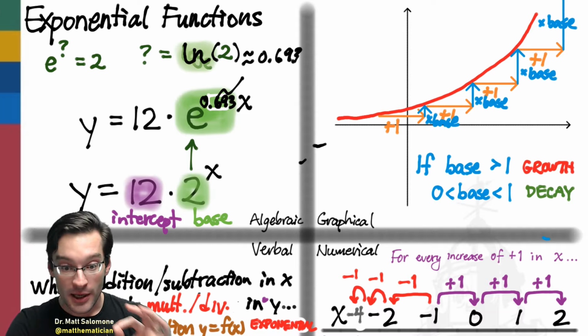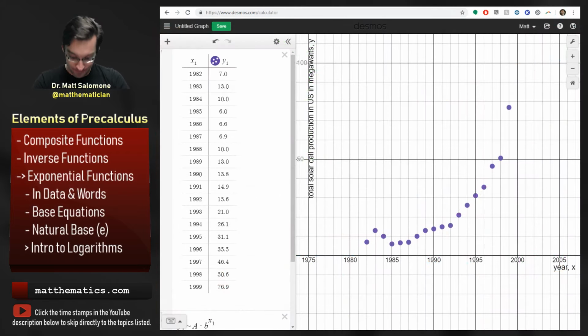So here's where this last example begins. The last example begins with a set of data. What this set of data is showing us is, over time, a data set that was collected from British Petroleum, BP, back in the 1980s and 1990s.